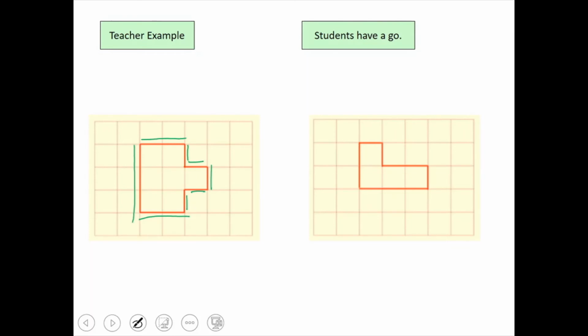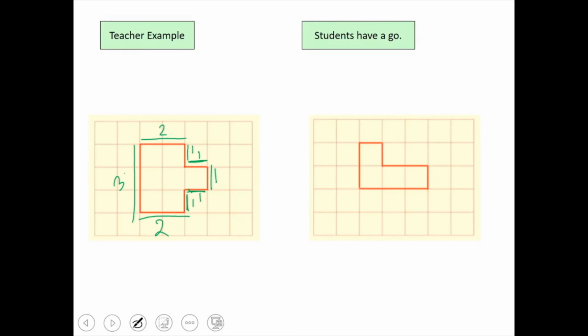So the first one, we can see there's 2 boxes, so that's going to be 2. This left hand side is going to be 1. This part is also going to be 1. 1 there. 1 right here. Another 1 right there. 2 boxes down here. And we've got 1, 2, 3 boxes on the left hand side.